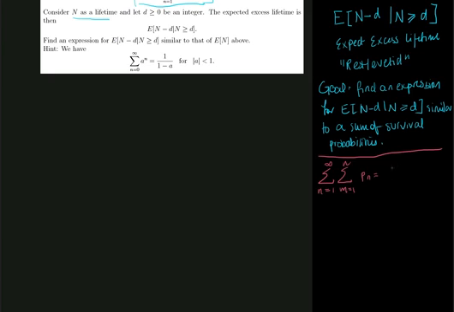We want to show that this sum is equal to the sum for m going from 1 to infinity in the outer sum here over the sum of n going from m to infinity over Pn. So how can we show this?